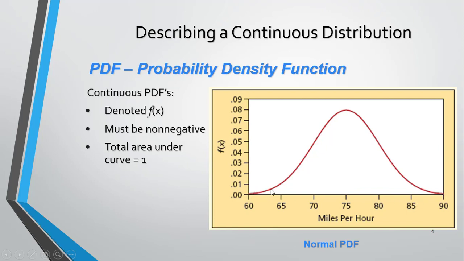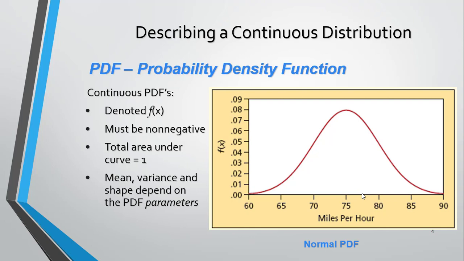The total area is 1 because it covers all the possible speeds people can have, at least 0 miles per hour, and at the highest, someone could be crazy and driving at 200 miles per hour. But all the possibilities are included, so the total area under the curve must be 1. That's the total probability.